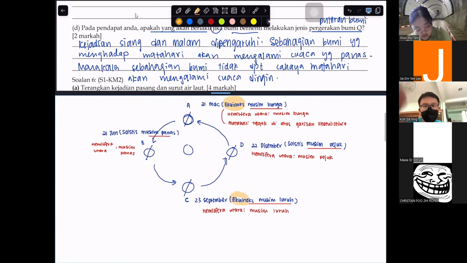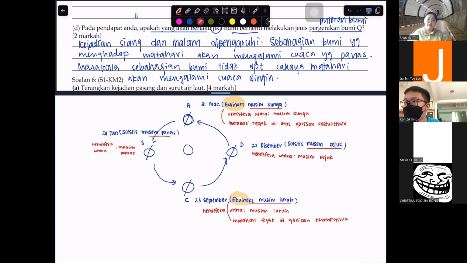It means the matahari is tegak di garisan khatulistiwa. In the afternoon, they will shine on and reach garisan khatulistiwa.